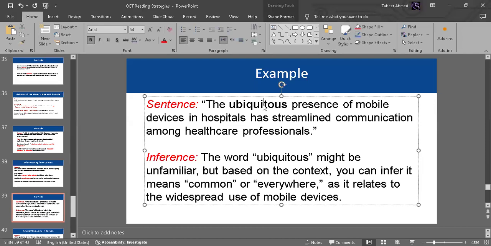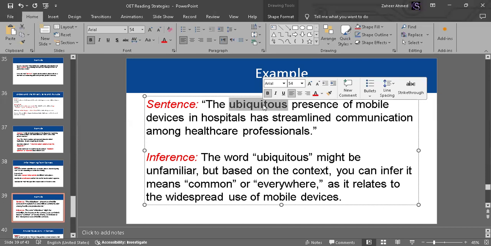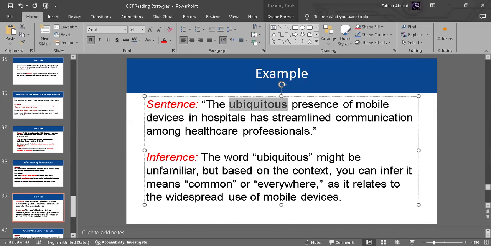So what does it mean by ubiquitous? This word might be new for you, but based on the context that is given, what meaning can you find out from this word?